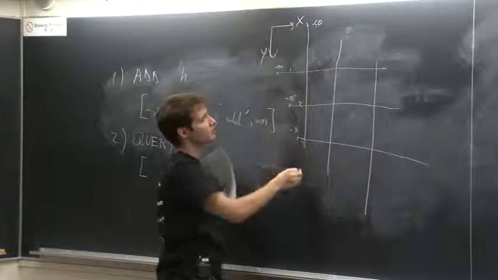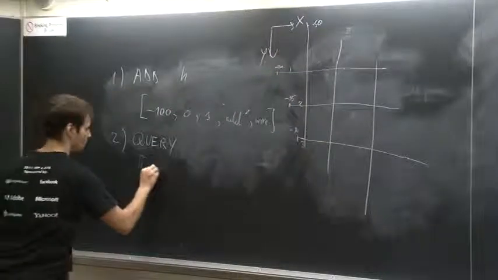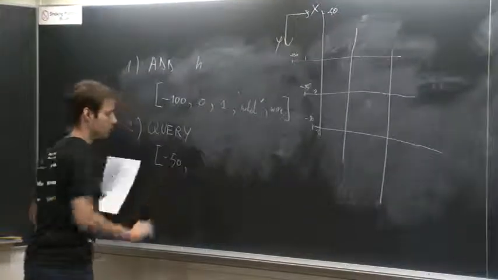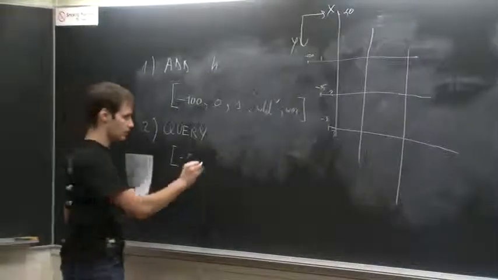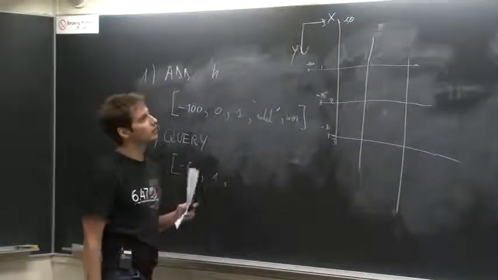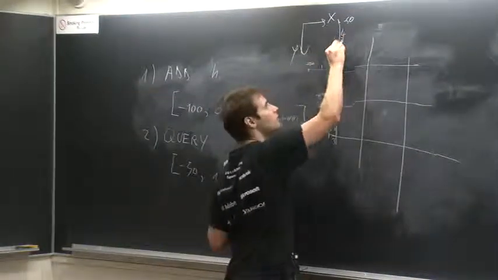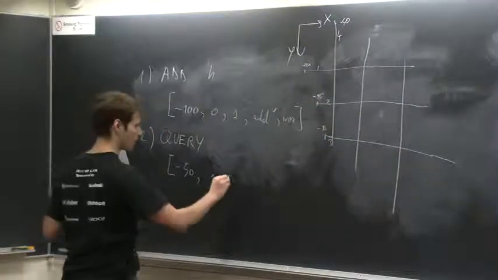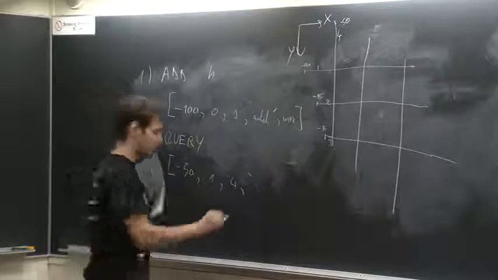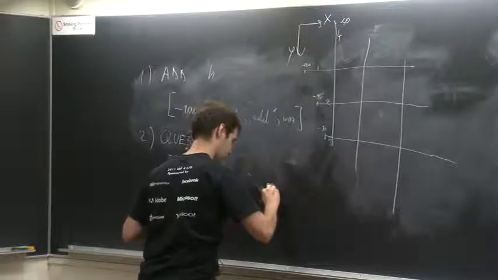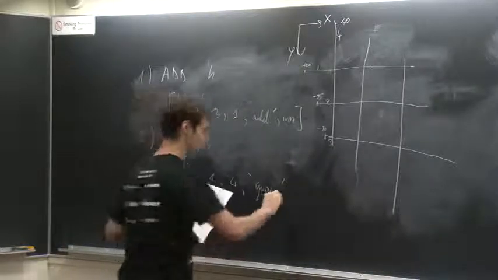This wire is at minus 50, so the first element here is going to be minus 50. What's next? 1. A 1? Okay. And suppose this is wire ID 4. I'm going to have 4, query, and the wire.